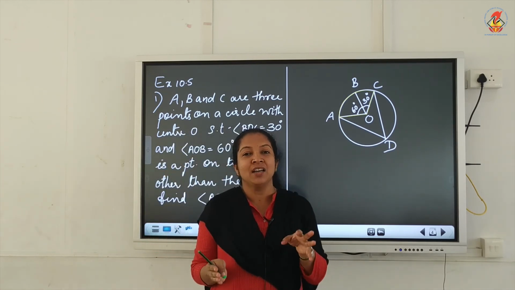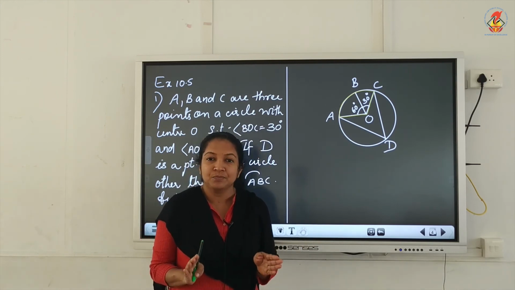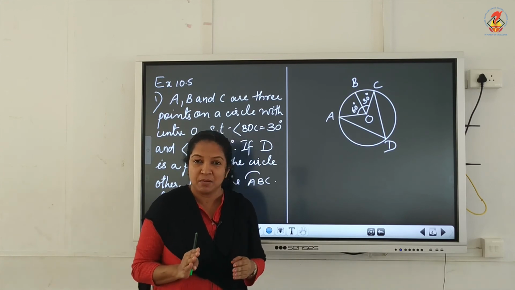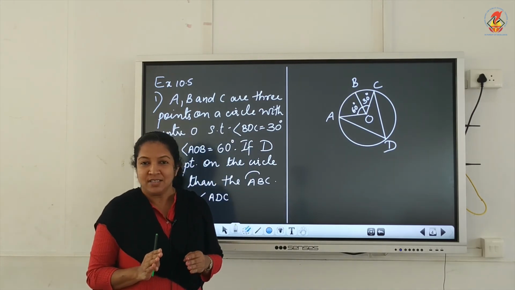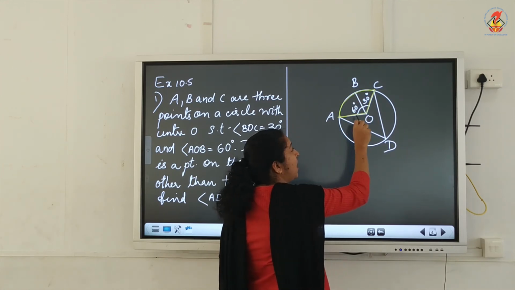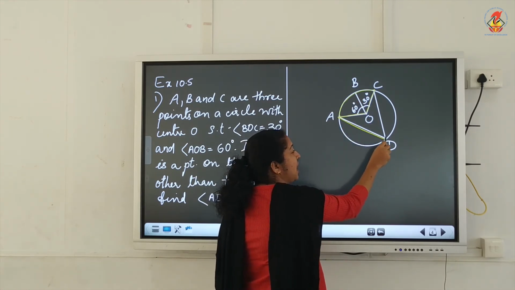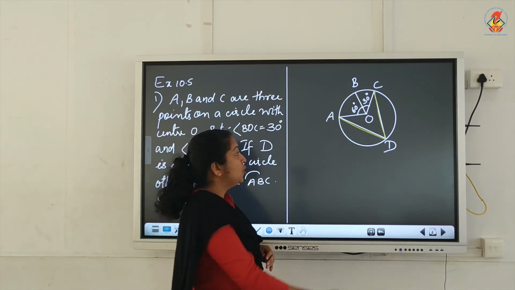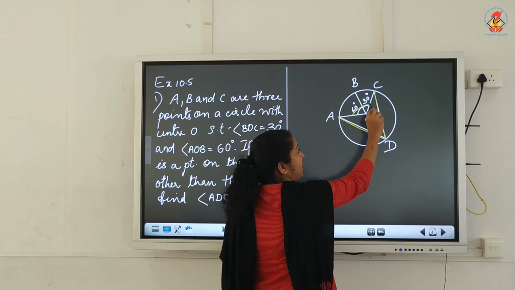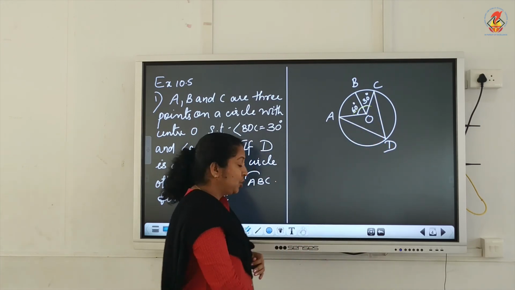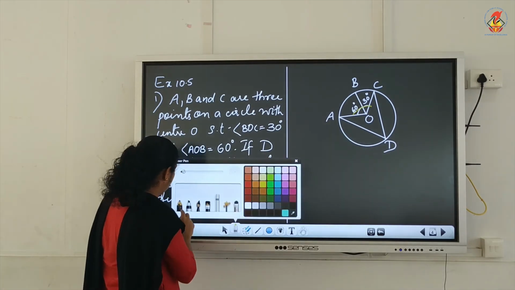The angle made by an arc at the center is double the angle made by it at any other point on the remaining part of the circle, isn't it? So this is the angle made by the arc at the center and this is the angle made by the same arc at the point D on the circle. This is half of this.